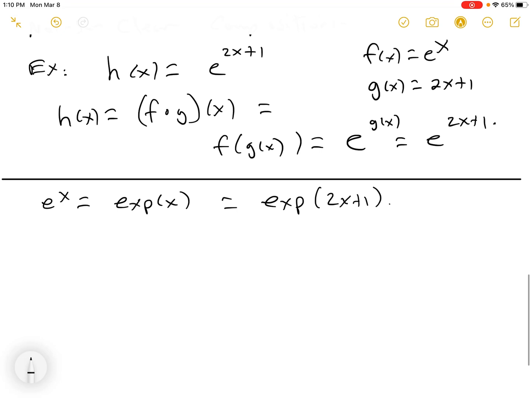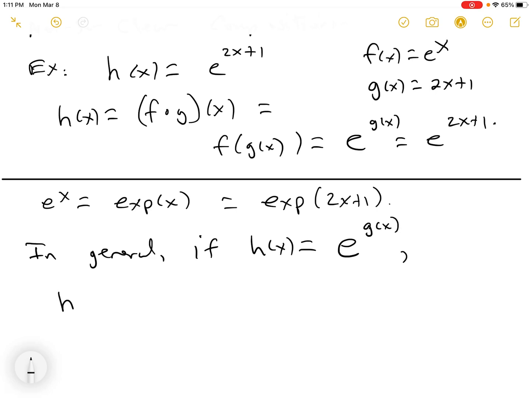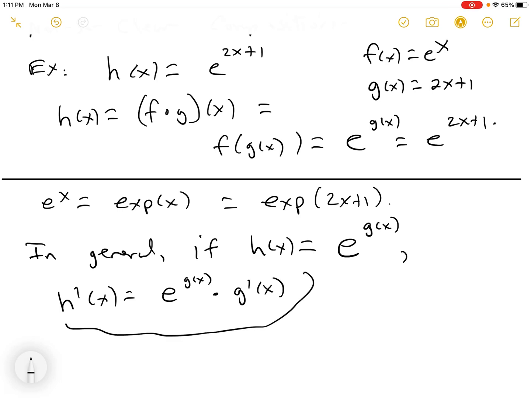All right, so in general, and we'll use this a lot, if h of x equals e raised to any function g, then h prime of x is e to the g of x, that's inside out, times g prime of x. And we use this a lot.